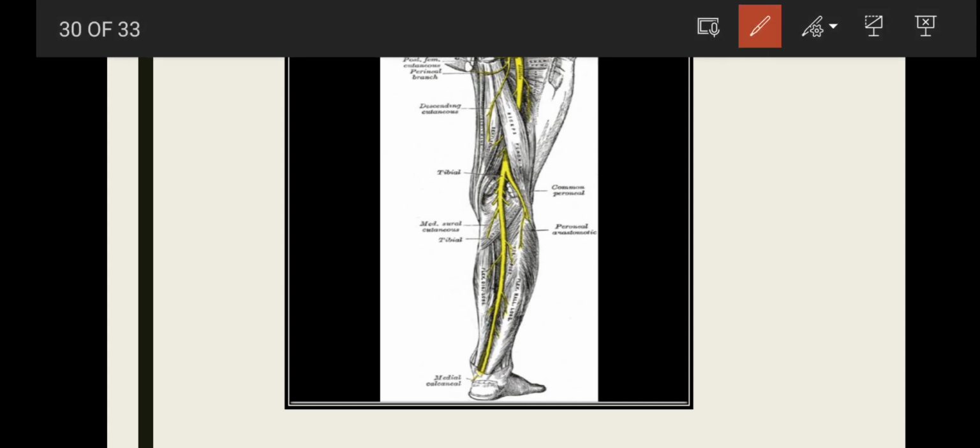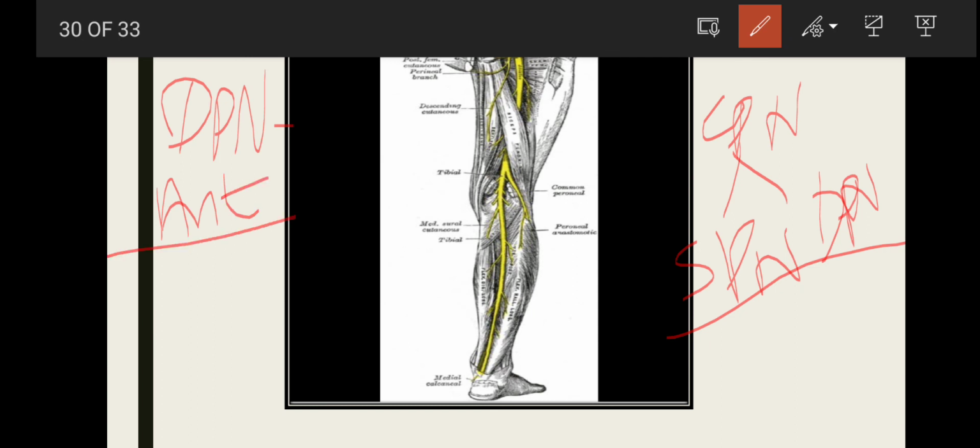The common peroneal nerve again divides into the superficial peroneal nerve and the deep peroneal nerve. The deep peroneal nerve supplies the anterior compartment of the leg, and the superficial peroneal nerve supplies the lateral compartment of the leg.